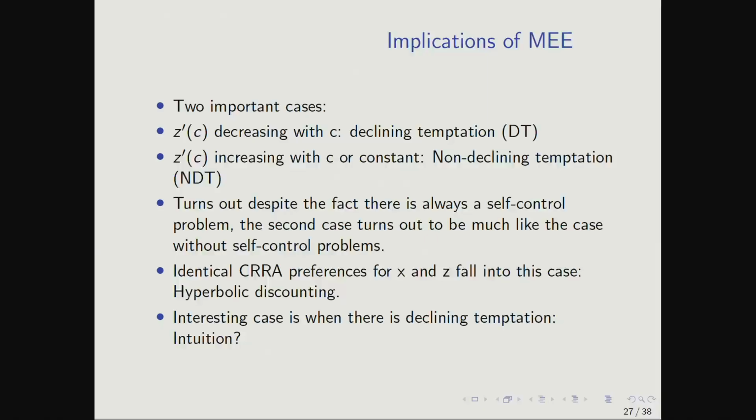Note, for example, that the hyperbolic discounting function is with CRRA with the same coefficient. In that case, it's non-decreasing because the temptation always remains a fraction of your income. So hyperbolic discounting is a case that can be mapped into this model with non-decreasing temptations.